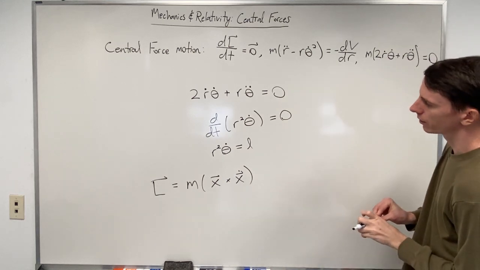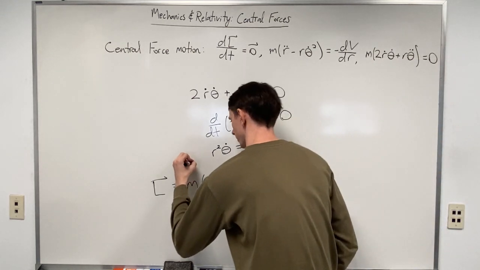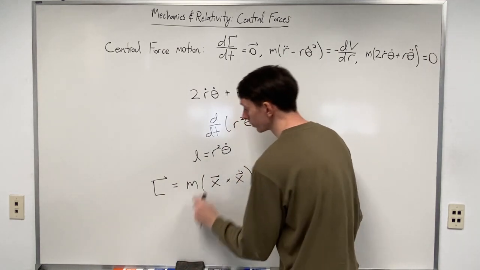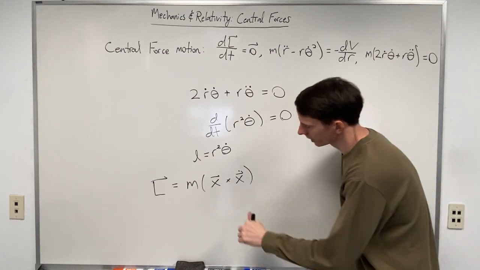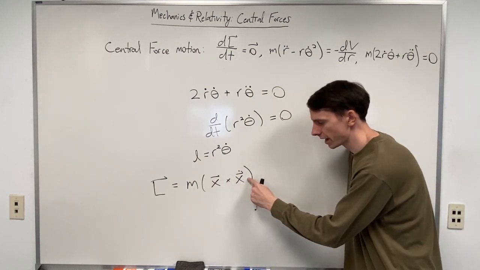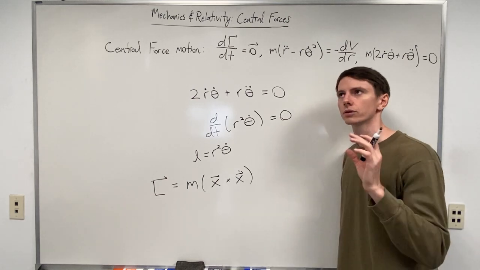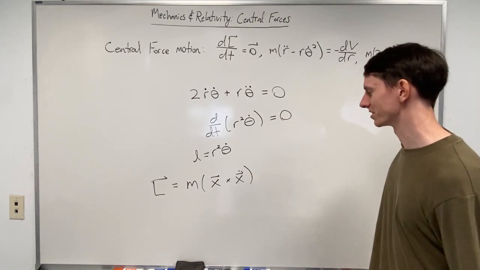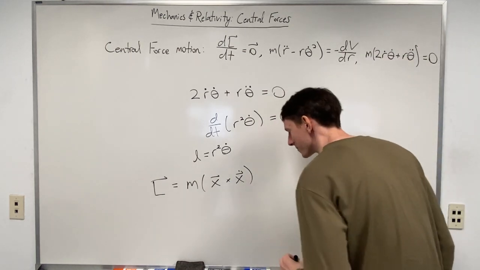And to see how this conserved quantity, little l, which is equal to this, is related to the angular momentum, I'm just going to write out the components of x and x dot in terms of their r hat and theta hat, their polar coordinate components. Words seem to be tough for me today. I'm not sure why.